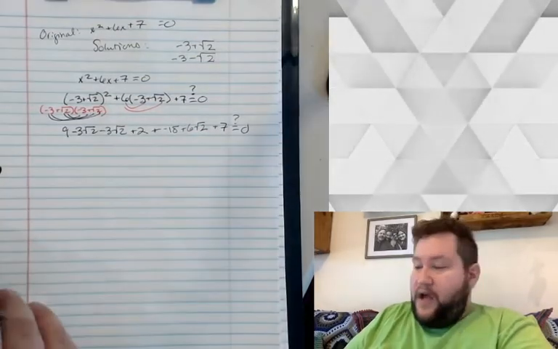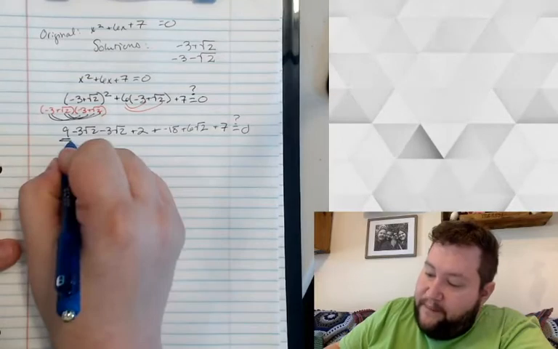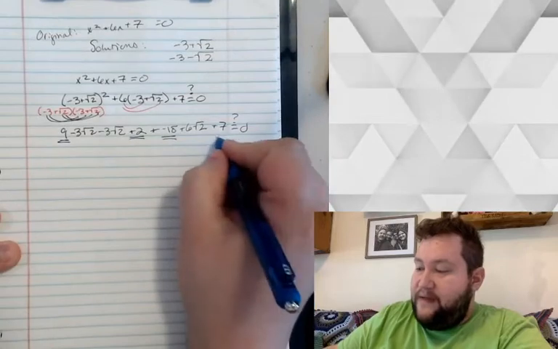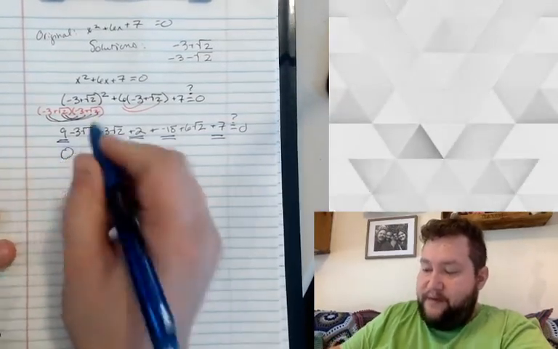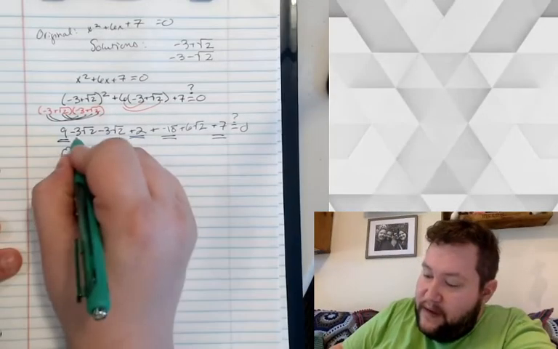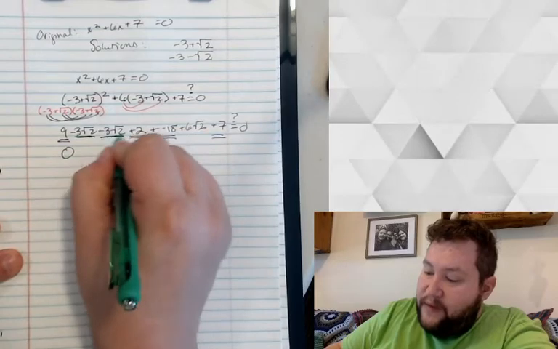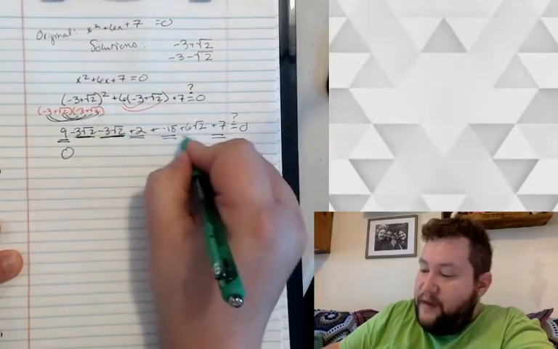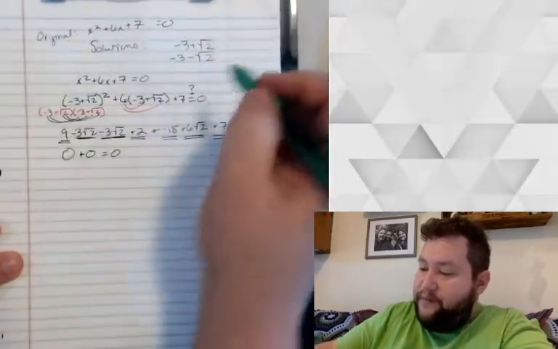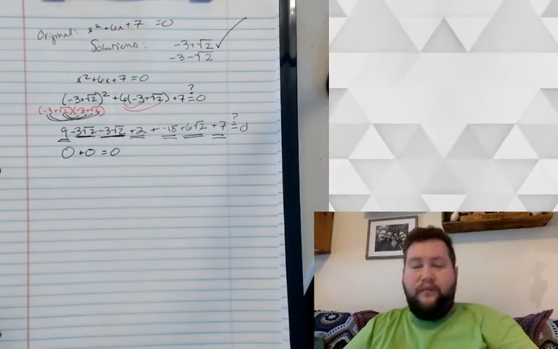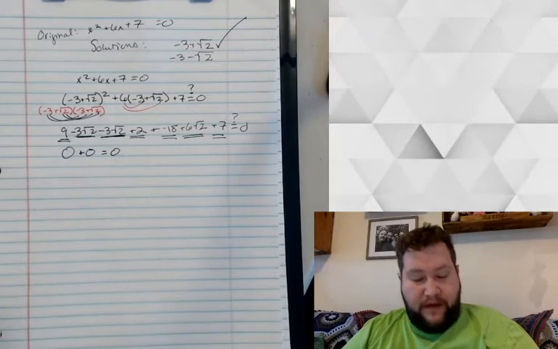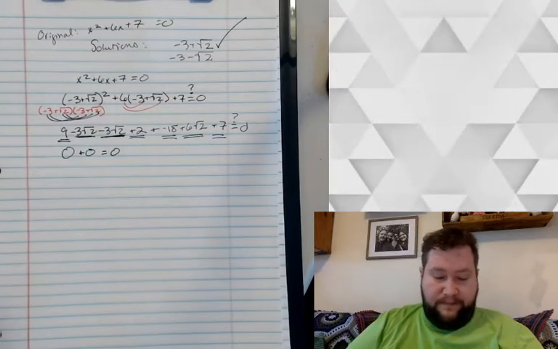Let's go ahead and get all of our constants together. So we have 9 plus 2 is 11, minus 18 is -7, plus 7 equals 0. And then here we have -3 root 2's and -3 more, so that's -6 root 2's plus 6 root 2's plus 0 equals 0. Check. And I'll leave the other one for you to check, but it should work out. And if not, you might want to send me an email.